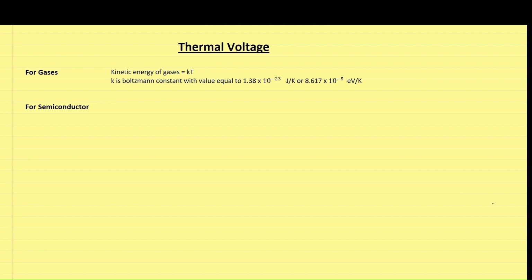This particular equation of kinetic energy is the place where the Boltzmann constant originated, and in the study of semiconductors also it plays a significant role. For semiconductors, we know that an electron in the valence band requires energy for making its transition to the conduction band.